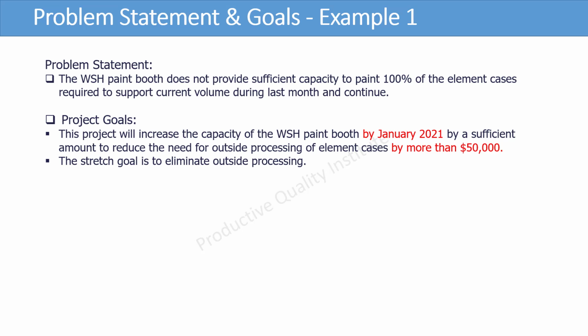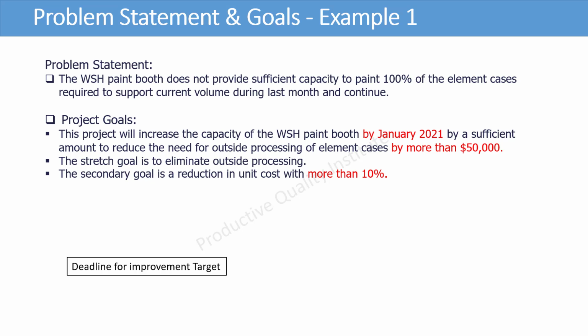The stretch goal is to eliminate outside processing. The secondary goal is reduction in unit cost with more than 10%. The goal includes a deadline for the improvement target. The goal includes a quantity or extent improvement target. No solutions are assumed for the problem.